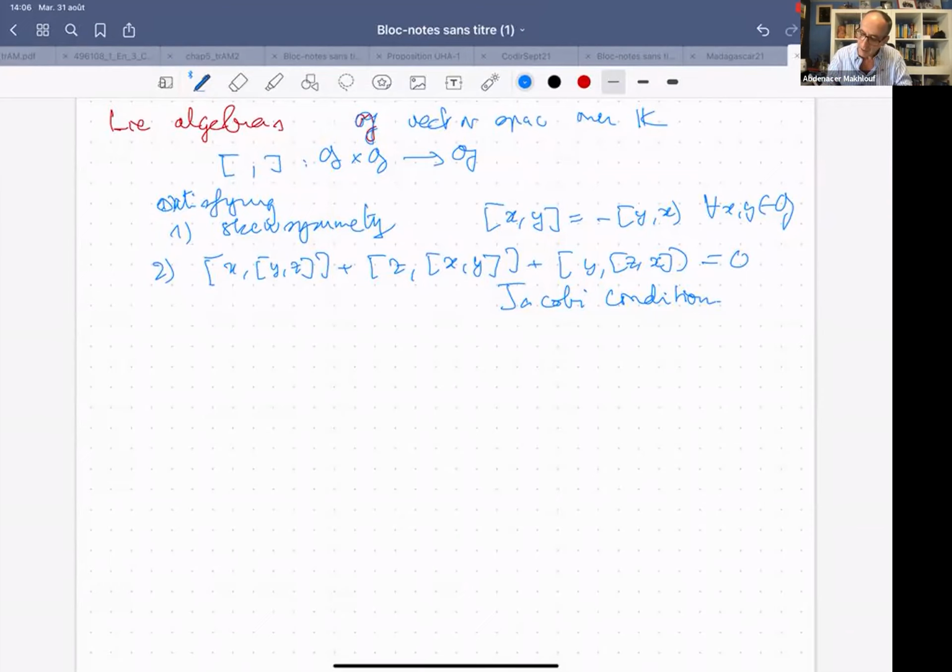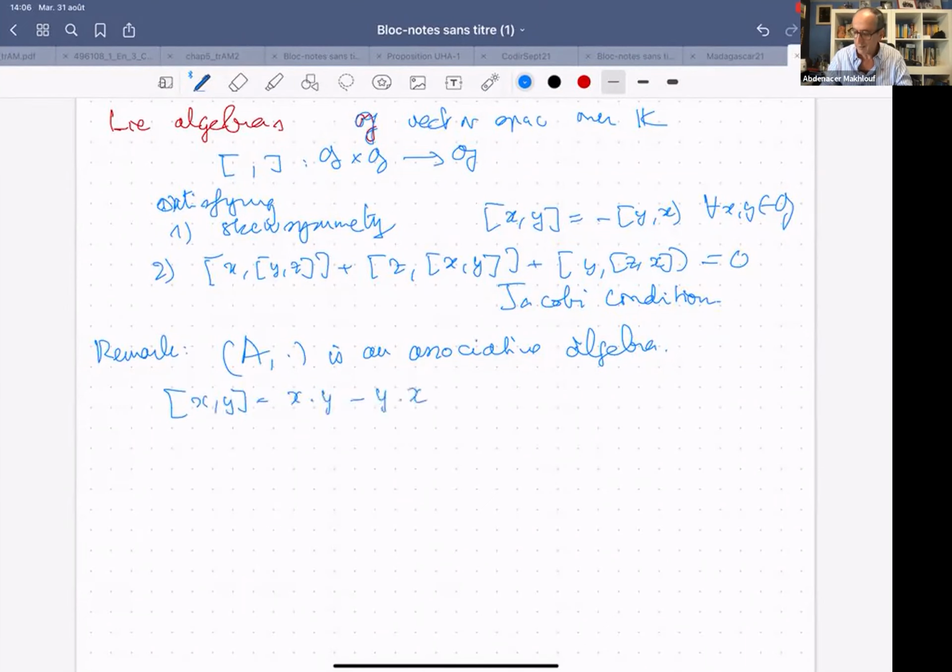Now these algebras are connected to associative algebra in the following way. If you consider an associative algebra (A, ·), then by considering the commutator, if you set the bracket [x,y] to be x·y minus y·x, then this A with this bracket is a Lie algebra.